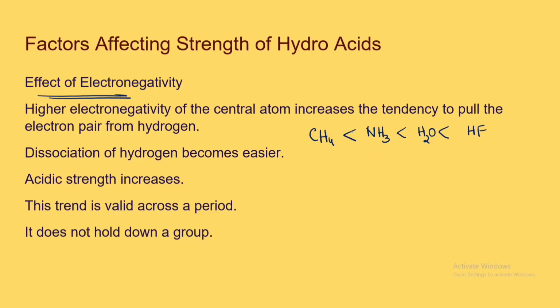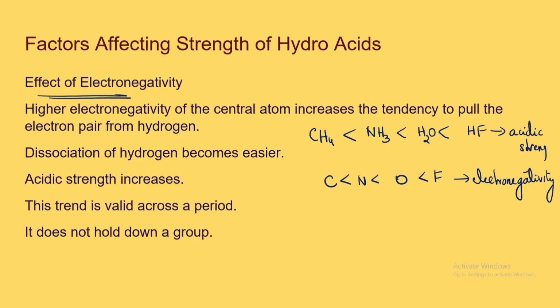This trend can be explained on the basis of the increase in electronegativity as we move from carbon to fluorine. With the increase in electronegativity of the central atom, the tendency to pull the electron pair from the hydrogen increases, and because of which the dissociation of the hydrogen becomes more and more easy.